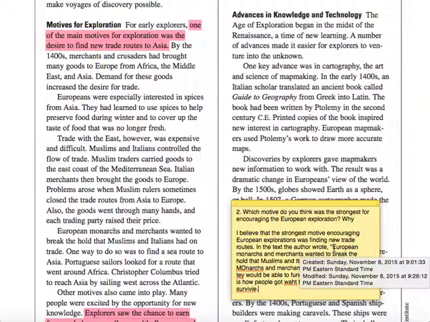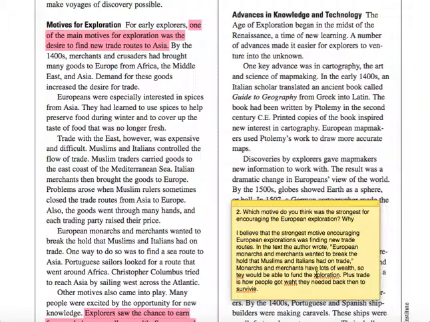Now I need to go back and read it and make sure it makes sense, check for spelling, and check for grammar. I believe that the strongest motive encouraging European explorations was finding new trade routes. In the text, the author wrote, European monarchs and merchants wanted to break the hold that Muslims and Italians had on trade. Monarchs, so I have some spelling issues, a capital, it shouldn't be there.